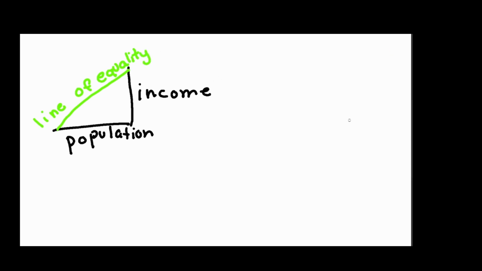We also have the Lorenz curve. So you might ask yourself, what is the Lorenz curve? Well, the Lorenz curve represents the income distribution of the population. So it could be something like this.